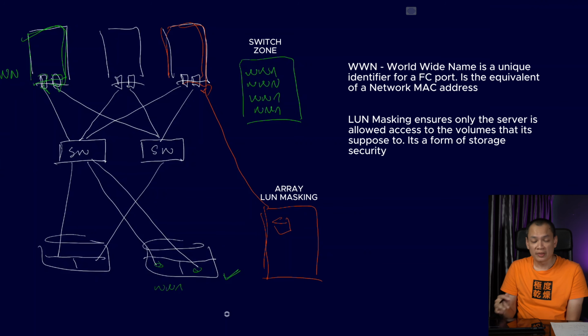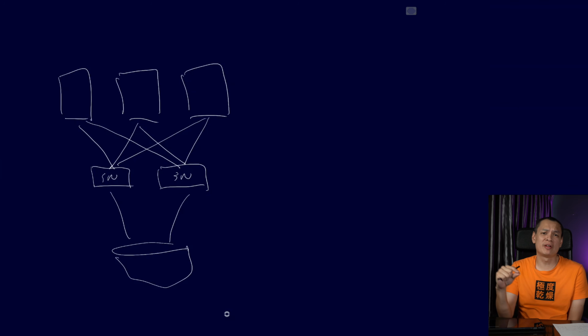As you can see, there are two areas where you need to make configuration changes to ensure that the right host and right server have access to the right storage. LUN masking is a configuration you do on the array, and zoning is a configuration you do on the switches.